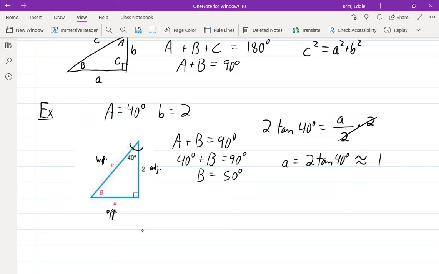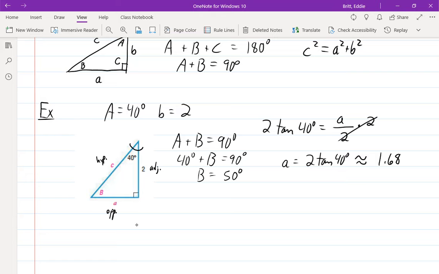So I'm going to put my approximation symbol here. It's approximately 1.68. Now I don't want to use side A to help me solve for side C, because I rounded side A and I don't want to plug rounded values into a formula. So what I want to do now is, if I use this angle measure again, I want to use the trig function that has adjacent, because I know that side, and hypotenuse.